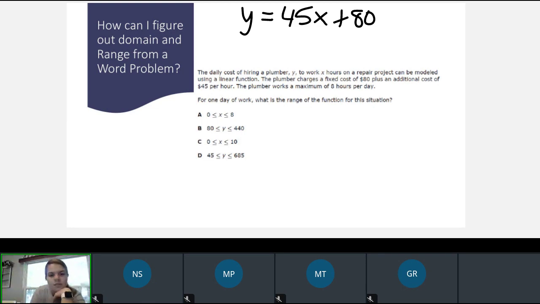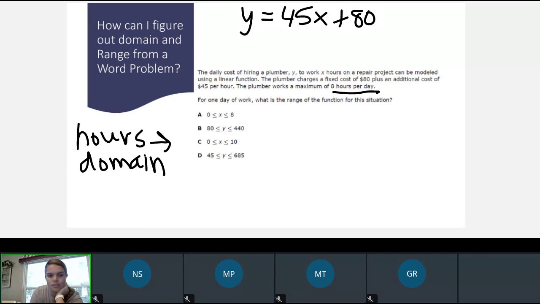Then it says the plumber works a maximum of 8 hours a day. Okay, so the 8 hours per day is talking about what we would plug in for X, right? And X is our independent variable. That's what's going to change. That's what our input is. So the X, or the hours per day, is going to be our domain.